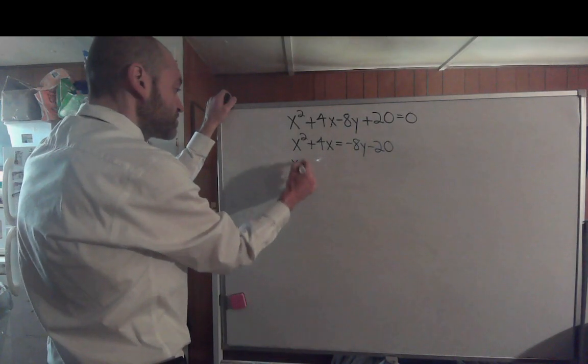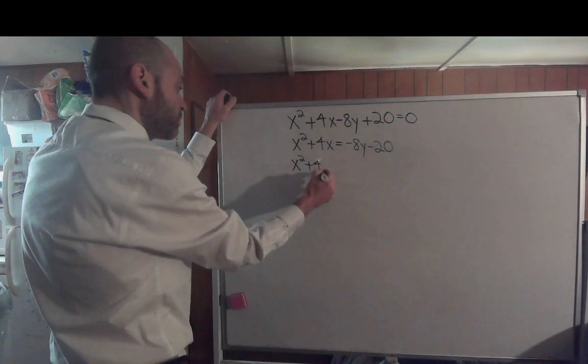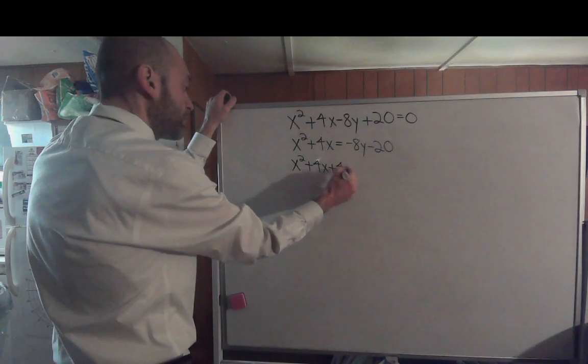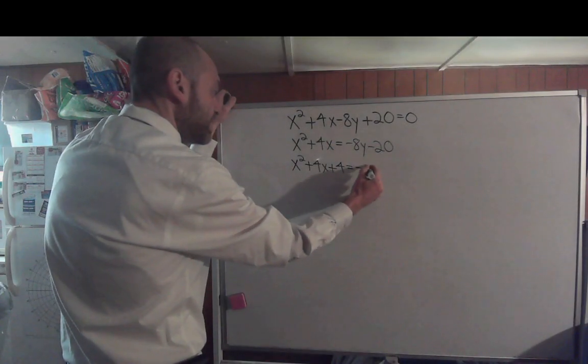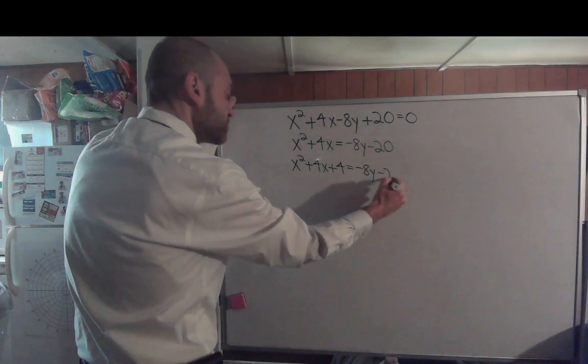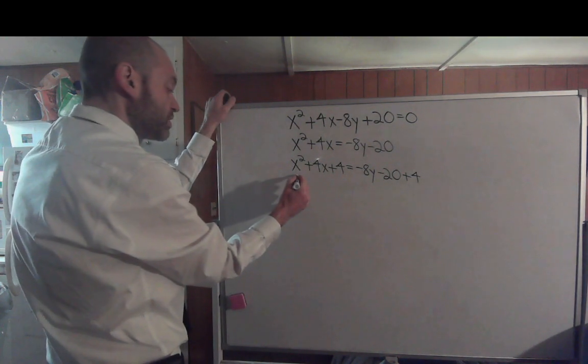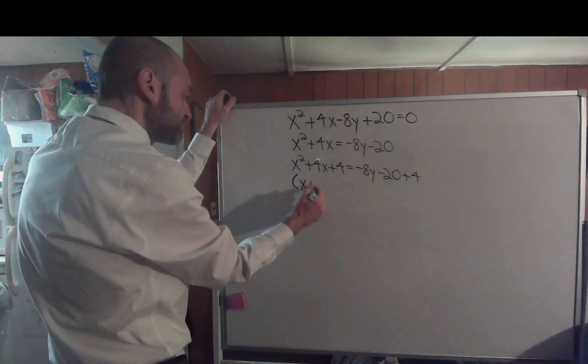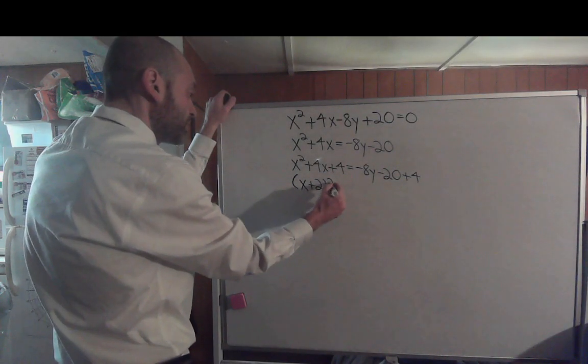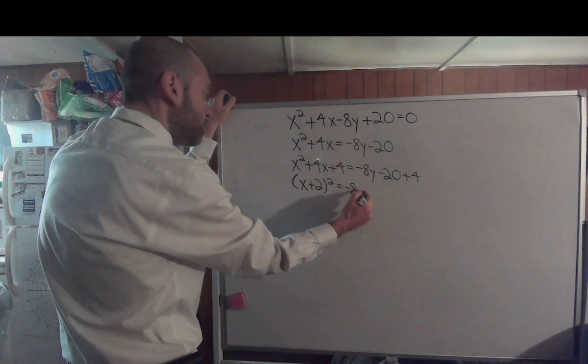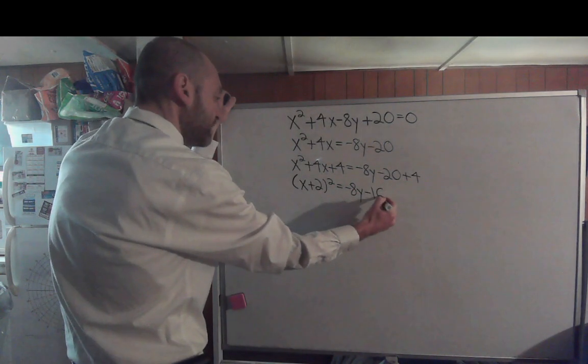So you'll have x squared plus 4x plus 4 would equal negative 8y minus 20 plus 4. So then this would turn into x plus 2 quantity squared equals negative 8y minus 16.